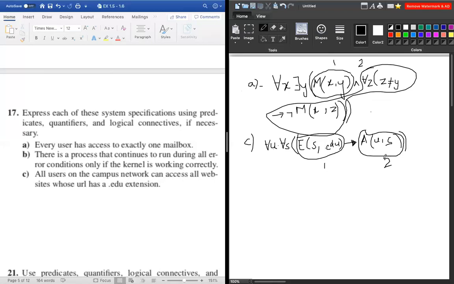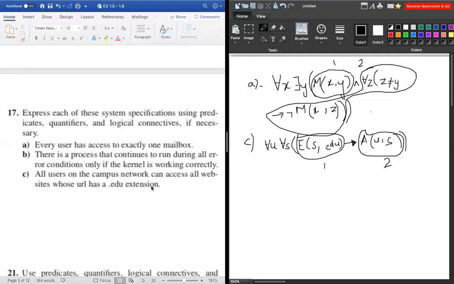Part number 2 means that user U can access website S. So we are saying if S ends in extension edu, then user U has access to that website. And then we are generalizing it for all the users and the websites. So all users can access all websites whose URL has a .edu extension.